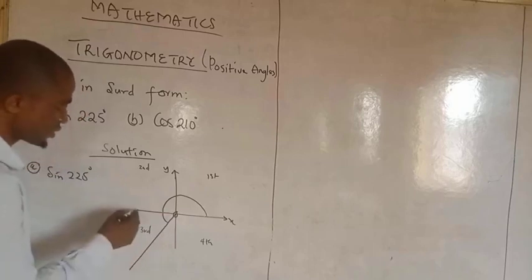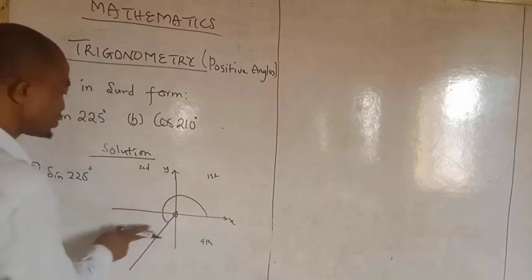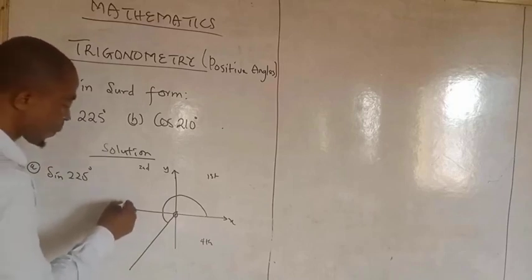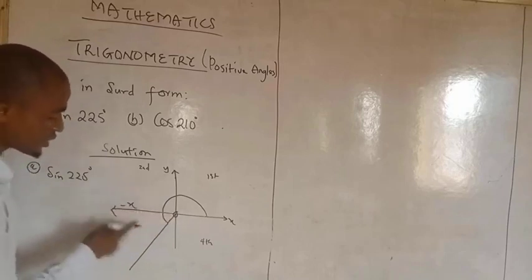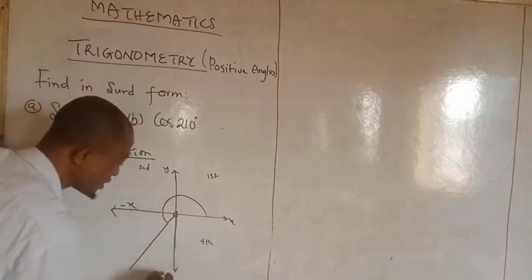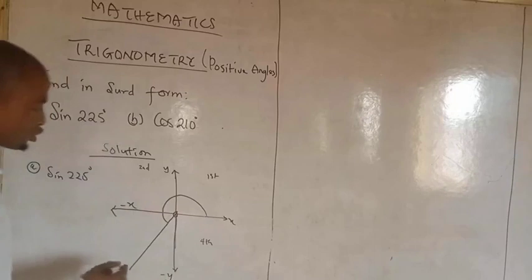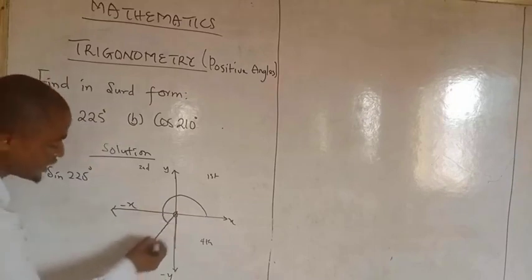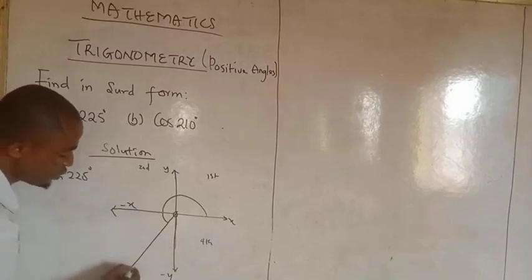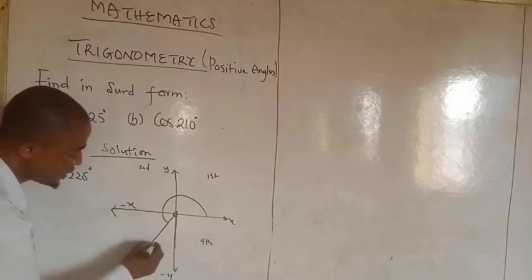Then we have this. So we look at this very well. This line is negative x. This line is negative y. This line here that forms the rotation, we can call it z.